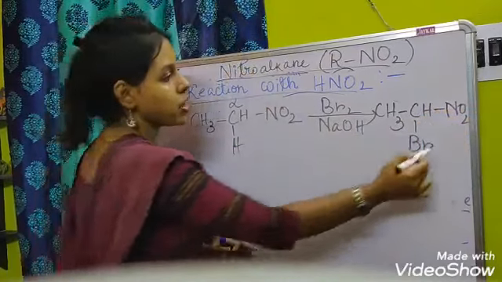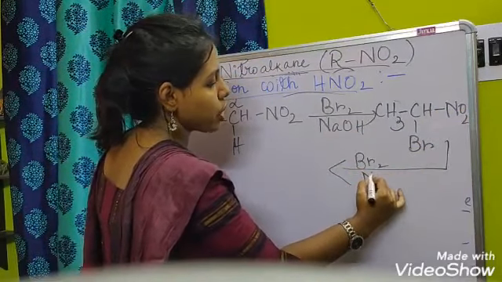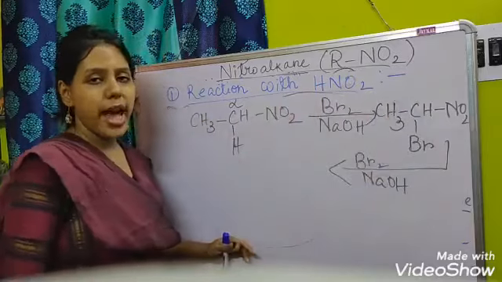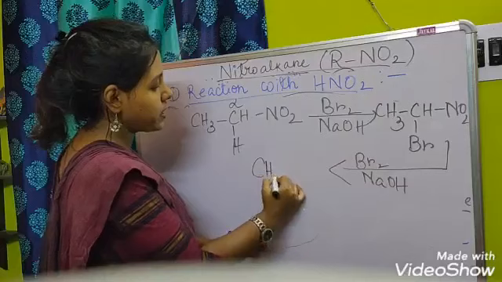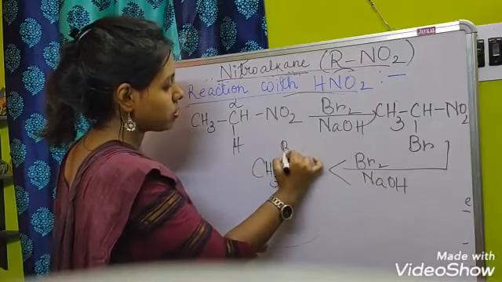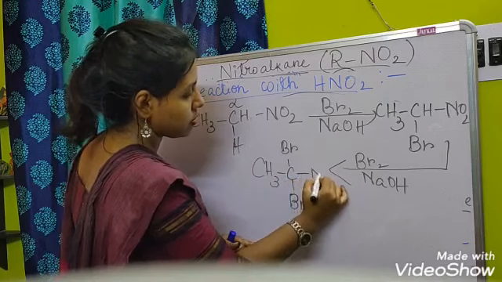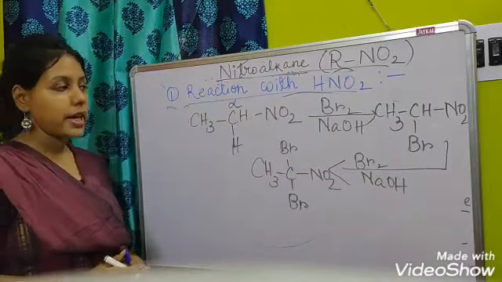Okay, this compound, and if you again add another bromine in presence of NaOH solution, then another alpha hydrogen will also be substituted, forming this compound. Clear?